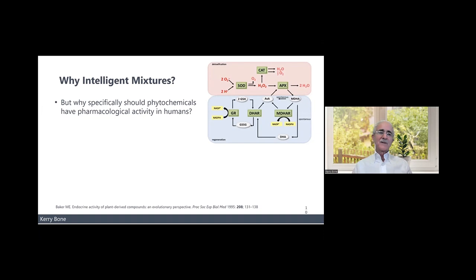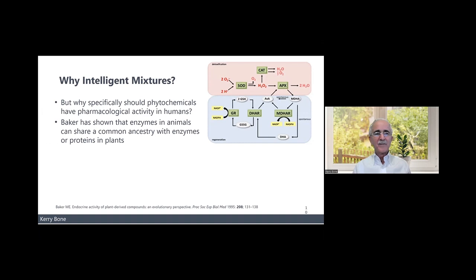So that's what I'm going to talk about next. Why specifically should the phytochemicals, particularly these secondary metabolites, have pharmacological activity in humans? Well, there's a researcher, Michael Baker, and he's shown that enzymes in animals can share a common ancestry with enzymes or proteins in plants.